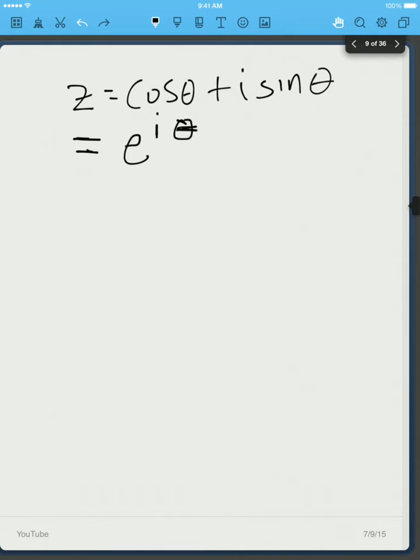You can use power series. What's interesting is that this is equivalent to that, and that's going to be very helpful for doing operations between complex numbers, like adding, dividing, and multiplying them. If you have them in this form, it's good.